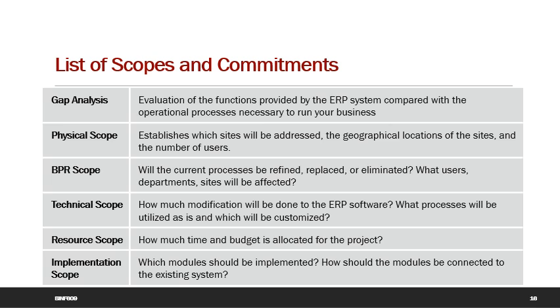The technical scope identifies how much modification will be done to the ERP software. The resources scope defines how much time and budget is allocated to the project, and finally the implementation scope defines the modules that should be implemented and how these modules should be connected to the existing systems.